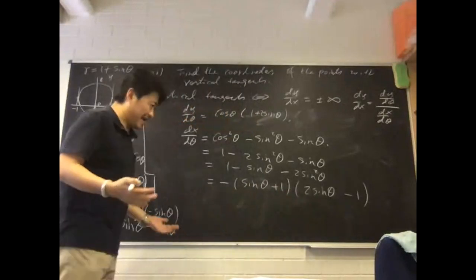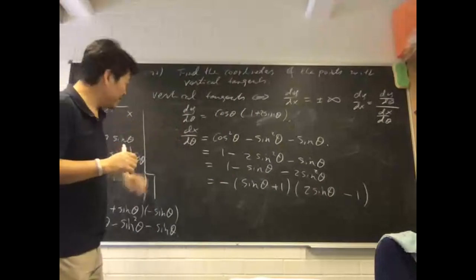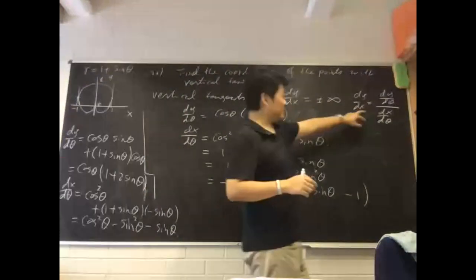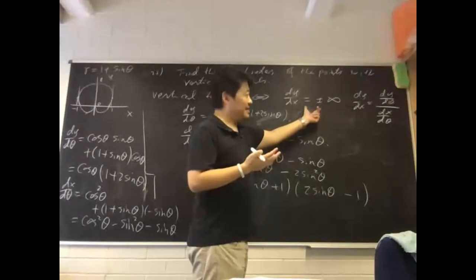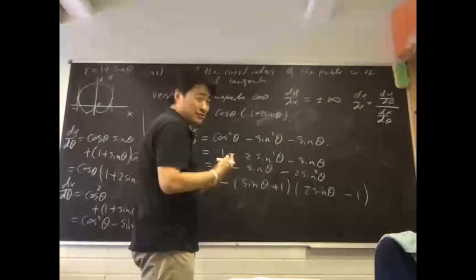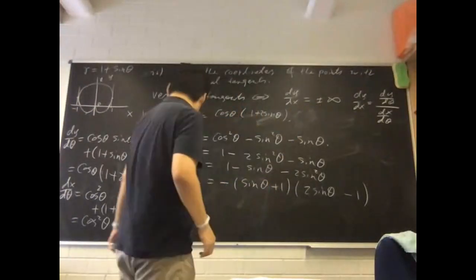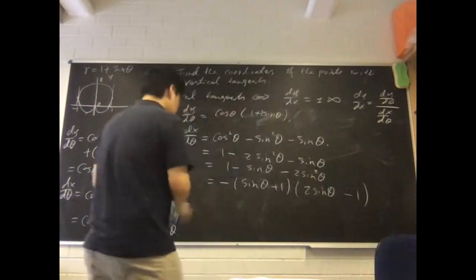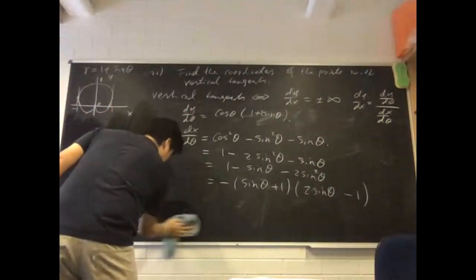Those are your only possible candidates. If this is never 0, that means the denominator is never 0, which means you will never get positive or negative infinity as a ratio. So wherever these things are 0, those are the only places where you can have vertical tangents.